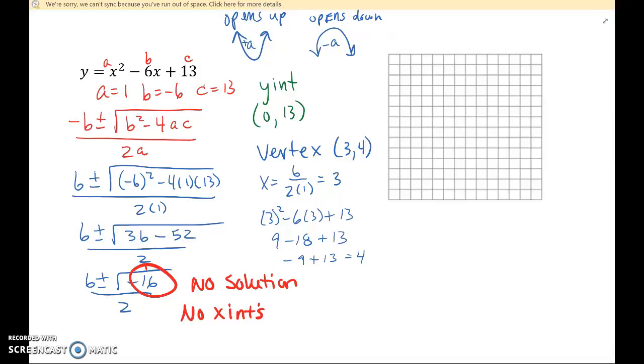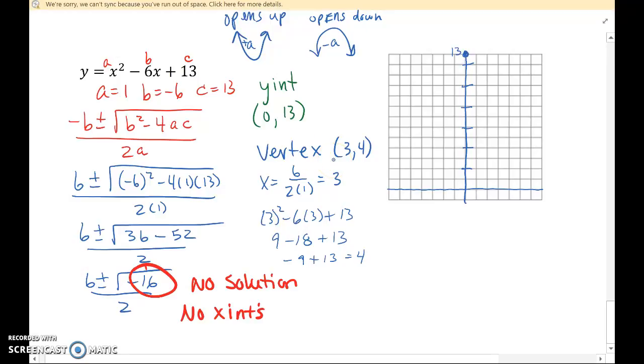All right, so let's go ahead and start our graph. If you notice the y-intercept is 13, just pay attention to that because you may need to adjust where you locate your graph on your paper. I know that 13 is all the way up here at the top, so 2, 4, 6, 8, 10, 12. Here's my 13.